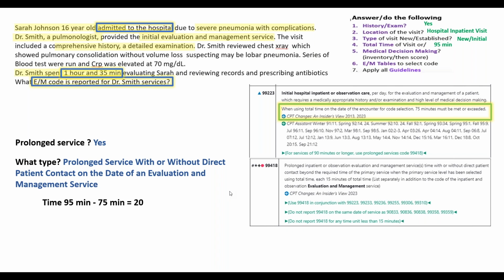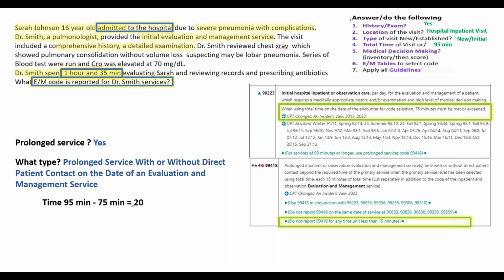Yes, just one unit of 99418 can be billed in this scenario, because we have a parenthetical guideline which says do not report 99418 for any time unit less than 15 minutes. Exactly. There you go.